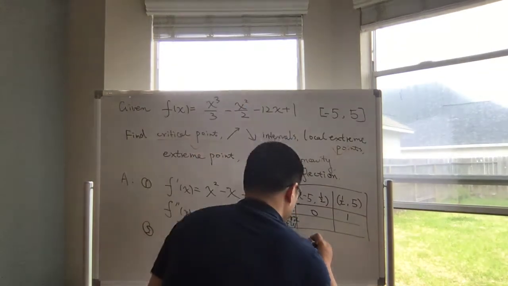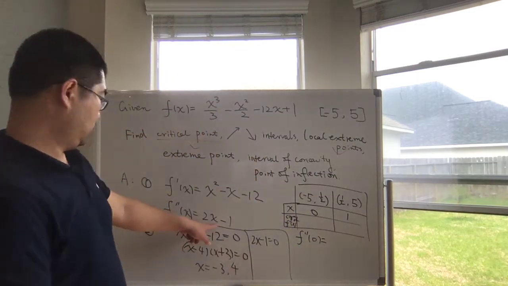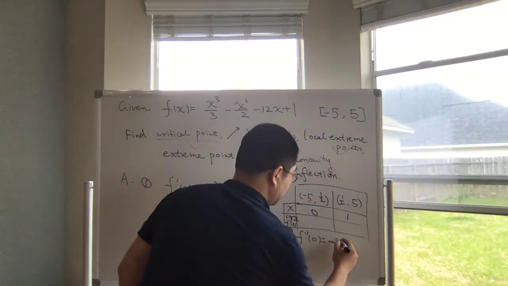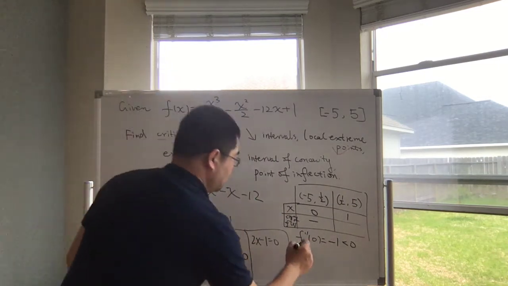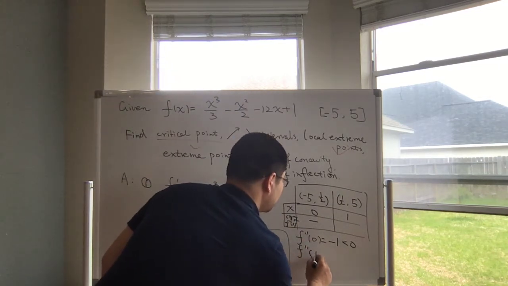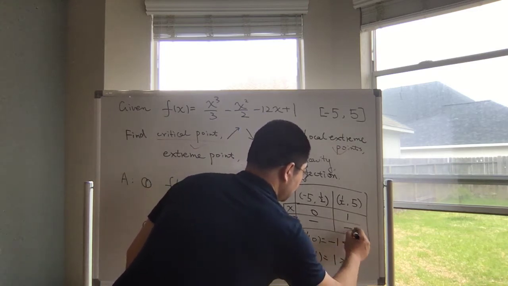So let's see, f second derivative evaluated at 0 is -1, less than 0.